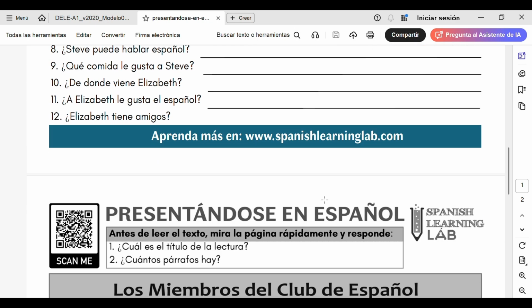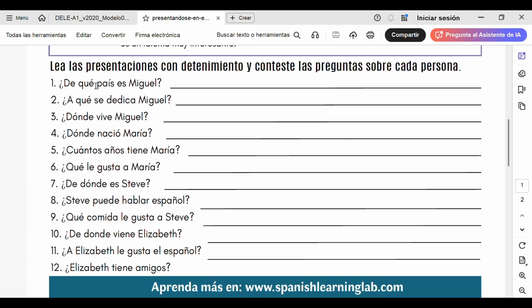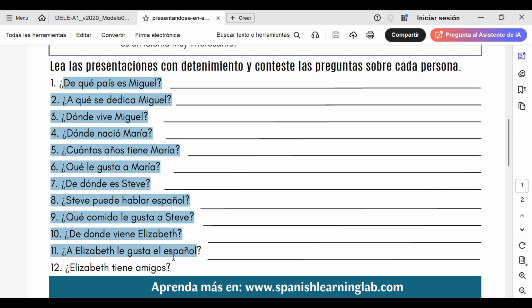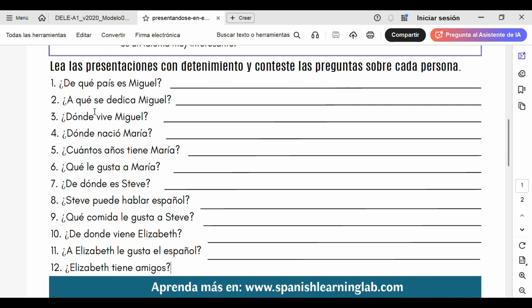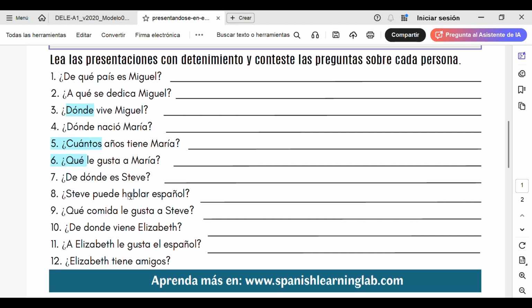So for this, you can also make a pause here and understand all of these questions, because these are question words that are going to be useful. For example, well, I am going to say which ones are worth it. ¿Dónde? So where. ¿Cuántos años? ¿Cuánto? Which means how many or how much, the word cuánto. So here it's cuántos because it's in plural, but cuánto means how many, how much. ¿Qué? So what? I am only telling you those that are worth it.